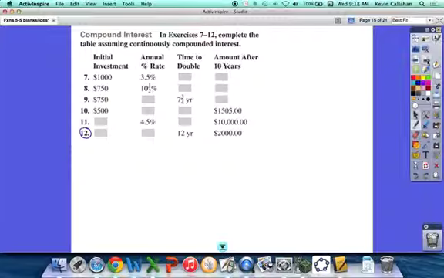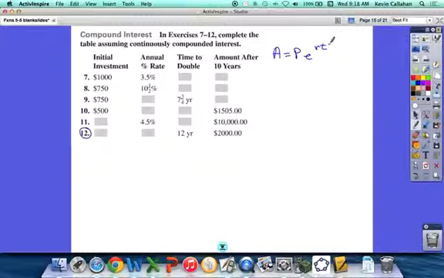Okay, so let's see. I'm starting with this. A equals PE to the RT. And I don't know any of the things in there yet. There's four things I don't know, A, P, R, and T. Two of them are variables, but the other two are constants I don't happen to know as I start the problem.